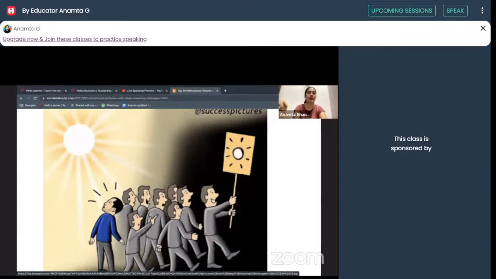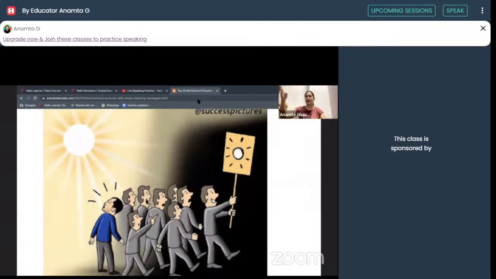Okay, so guys, it was a very simple and very nice picture, and as nobody is describing it, I have to describe it. Here we can see a person who has a banner in his hand, and he is trying to lead everybody towards the darkness by showing the banner, as if he is directing everybody in the way of the sun. On the other hand, there is a person who is looking in the opposite direction and thinking the sun is here.